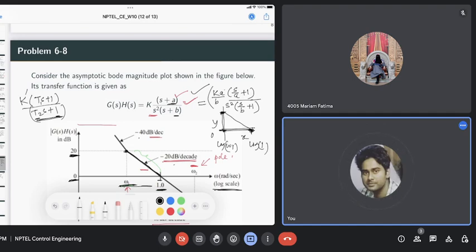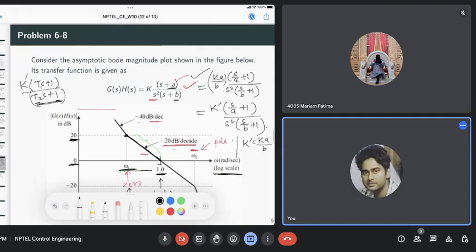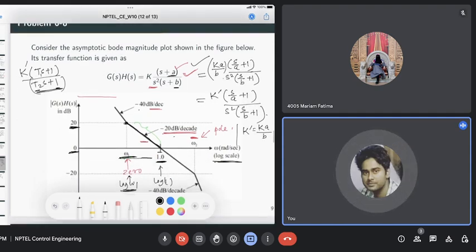So it is equal to k dash times (s by a plus 1) over s squared times (s by b plus 1). So this k dash is k a by b. Anyway, so this is the standard form.